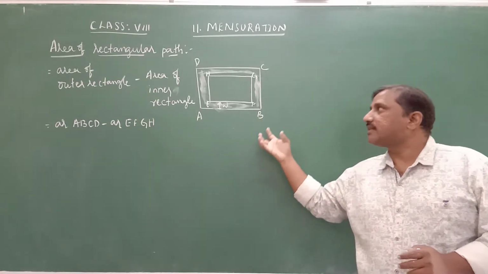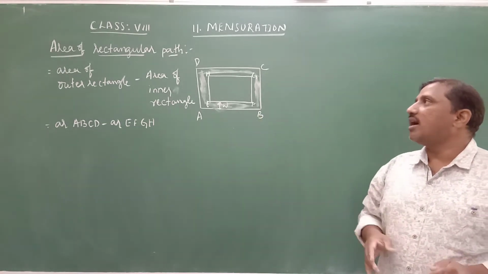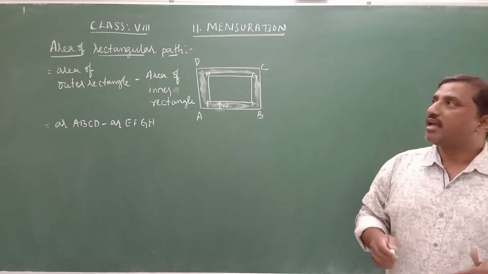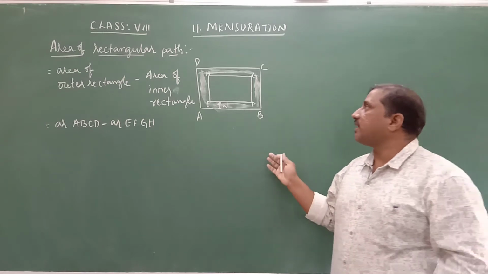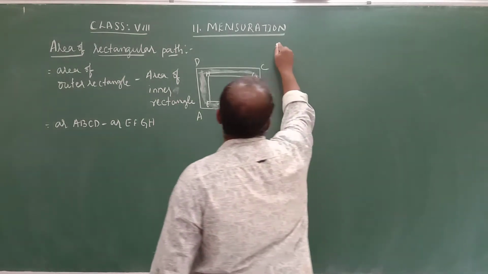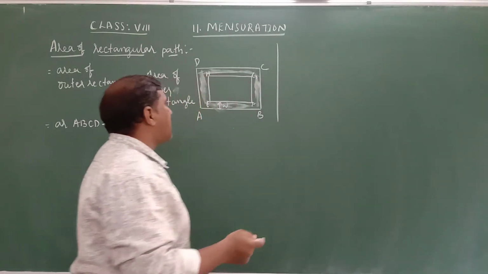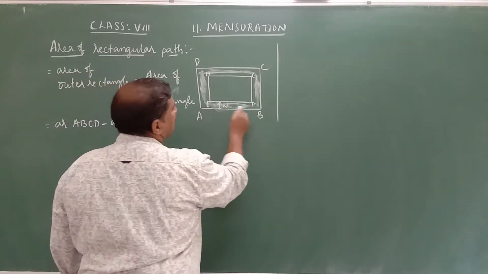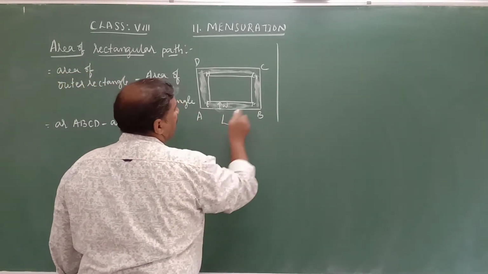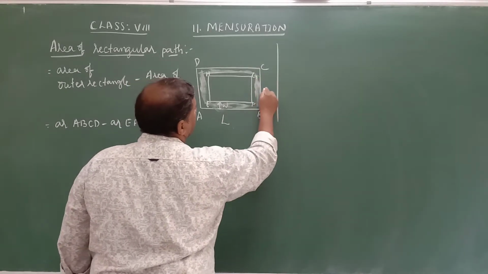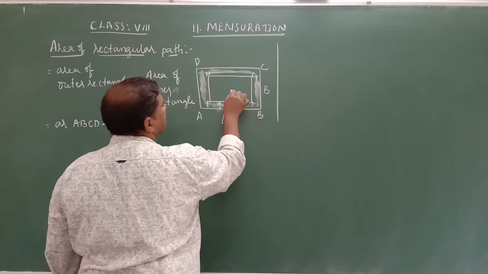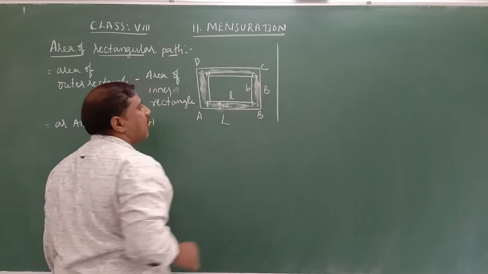We will discuss one problem related to the area of a rectangular path. Before that, let me explain the circular path also. For example, come here. Let the length AB be capital L and the breadth of the outer rectangle be capital B. Similarly, inside it is small l and small b.